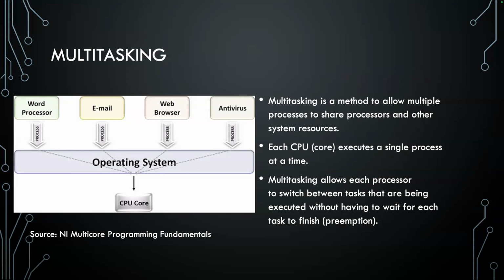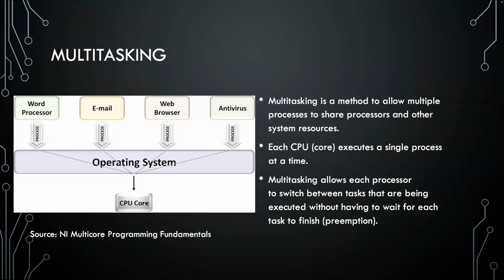Multitasking is how we allow multiple processes to share processors and other system resources. So the CPU is going to help you switch between these tasks, and those are all being executed basically without having to wait for each task to finish. That's called preemption. So we talk about preemptive processors.